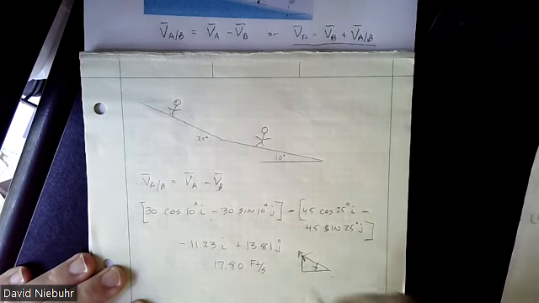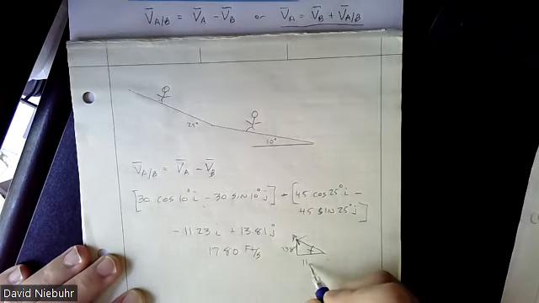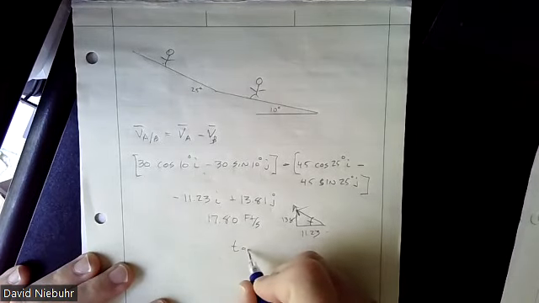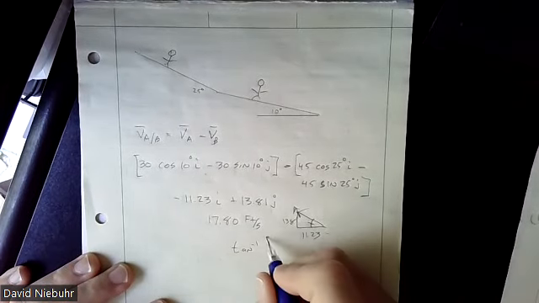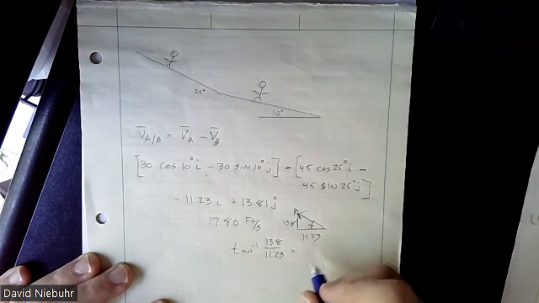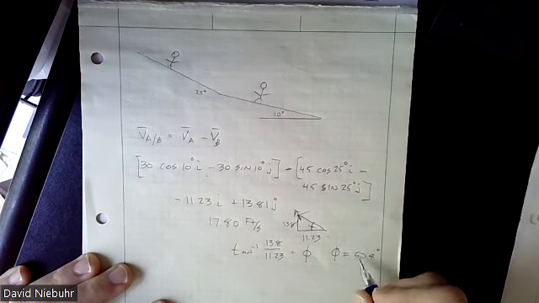So for that angle there, if this is 13.8 and that's 11.23, we have inverse tangent of 13.8 over 11.23 equals our new angle. We used theta before, so we'll just use phi. So phi again, if you do the math, is going to be, surprise, 50.8 degrees.